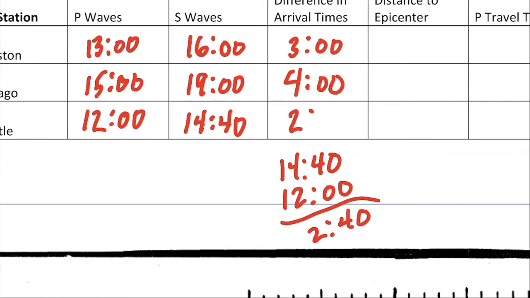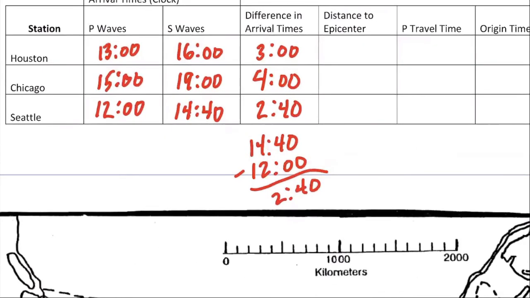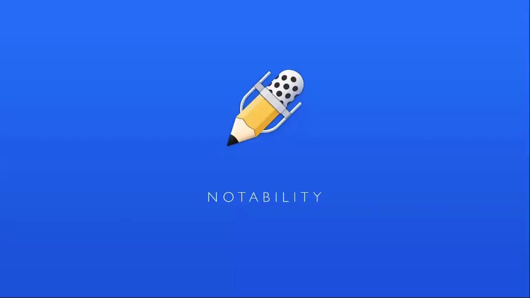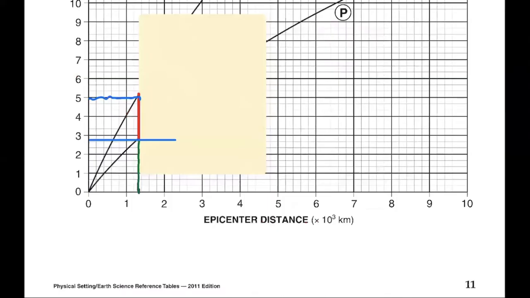So 2 minutes, 40 seconds. Okay. So then we go over to the other chart, which I have to click back to, and we're going to do them using this method. So I'm going to just go ahead and pop those answers in there.